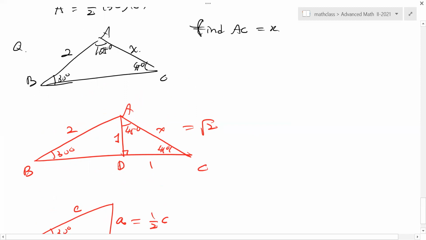Yes, special triangle, 30 degrees. And then AD must be half of BC.